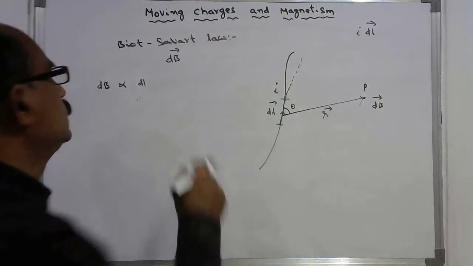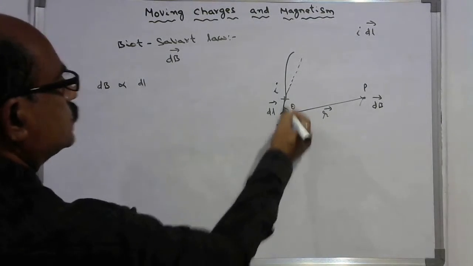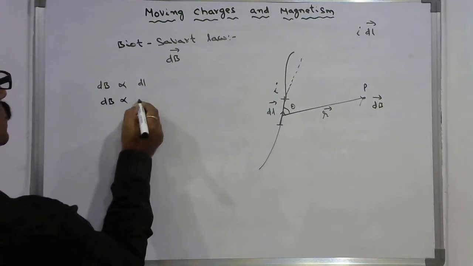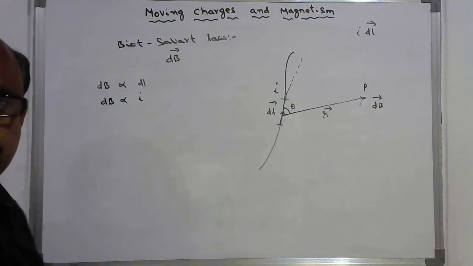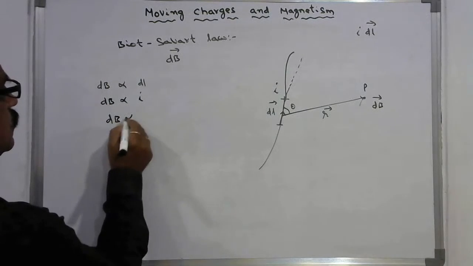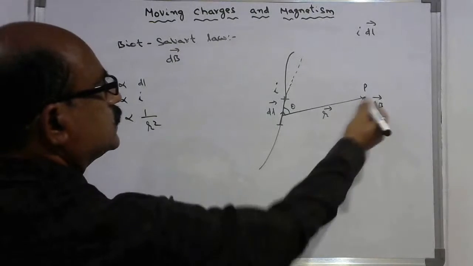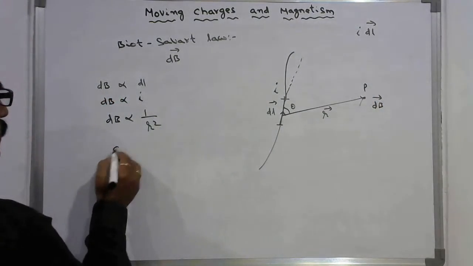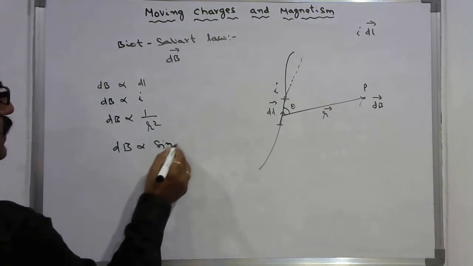So dB is proportional to dl, the first one, and also dB is proportional to the current, or sometimes you can write I dl, and dB is inversely proportional to the square of the distance between the point and the element, and dB is proportional to sin theta.